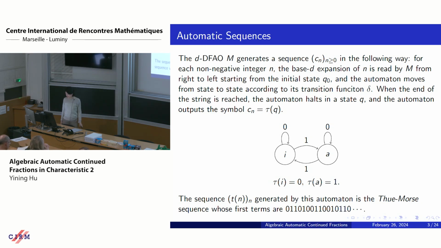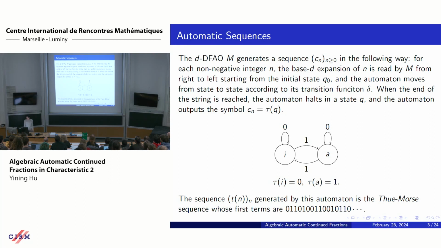This is an example of an automaton. It generates a sequence in the following way. First, we start with the initial state I. This is the automaton that generates the Thue-Morse sequence.